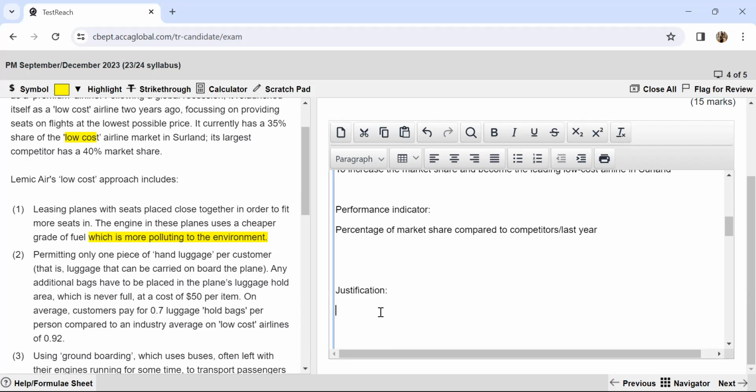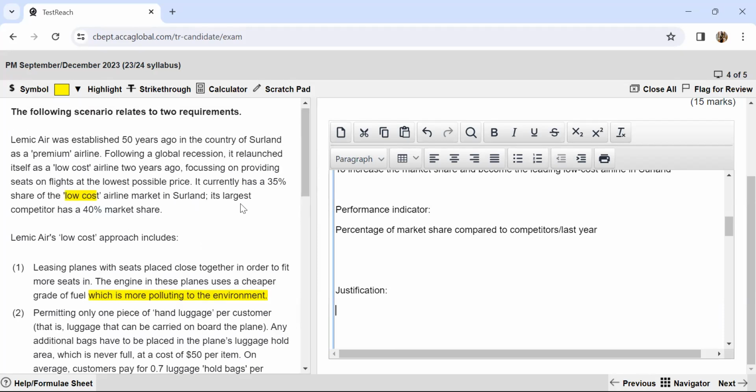And how can we justify this? We can say that we are only 5 percentage points away from our competitor, and if we increase the market share, then we will also have increased revenues and we will become the biggest low-cost airline.